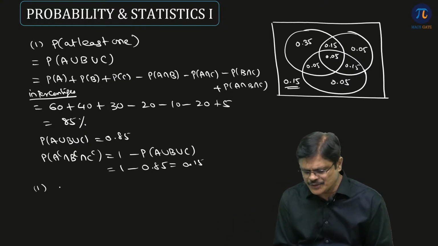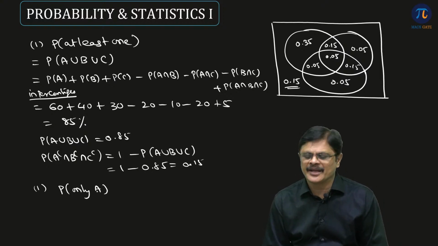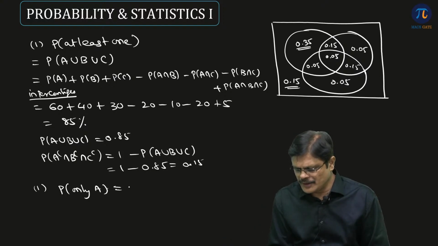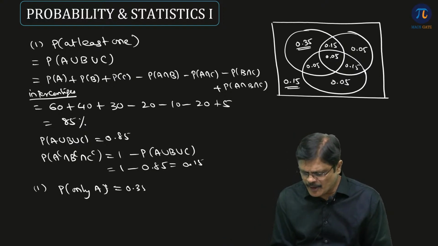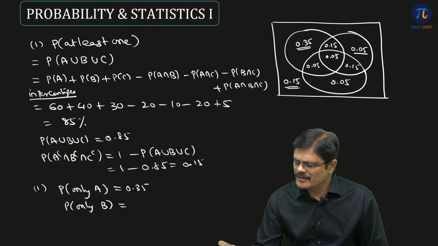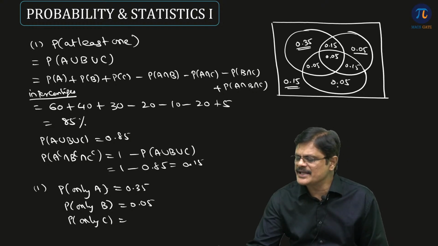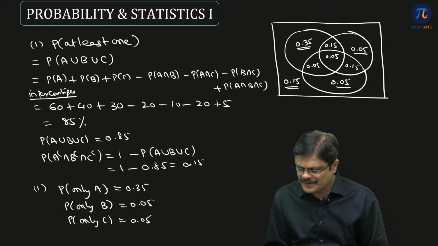Suppose someone asks you, what is the probability that only subscribe to newspaper A? 0.35. What is the probability that only subscribe to newspaper B? 0.05, that is 5%. What is the probability that only subscribe to newspaper C? 0.05.